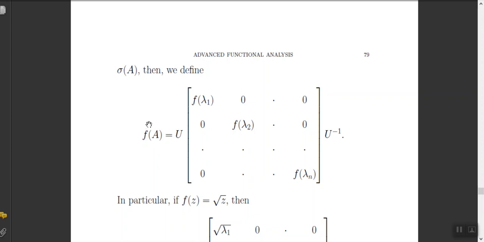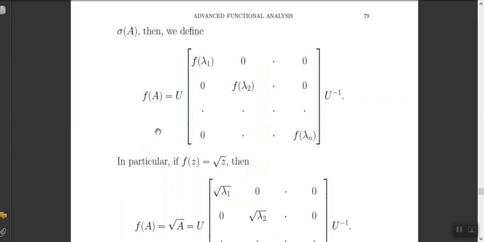This is how we define F of A under those two conditions: A was normal, therefore diagonalizable, and F is defined on the eigenvalues of A, on the spectrum of A. So we can define F of A.